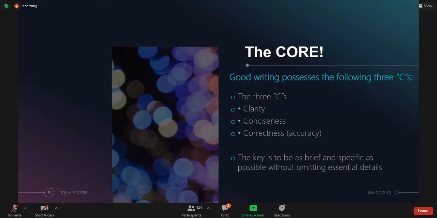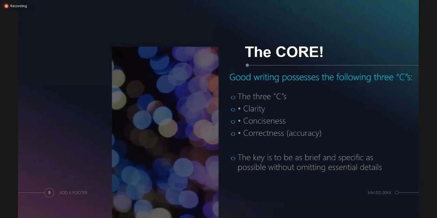So, while writing, the core is three C's. The three C's are clarity, conciseness, and correctness. And for all of those three C's, I can suggest one solution: be brief. If you limit yourself within the word count and try to be brief, brevity is the better term here.